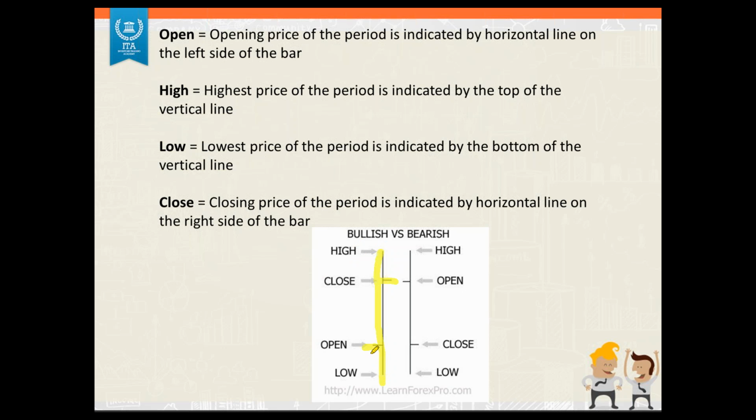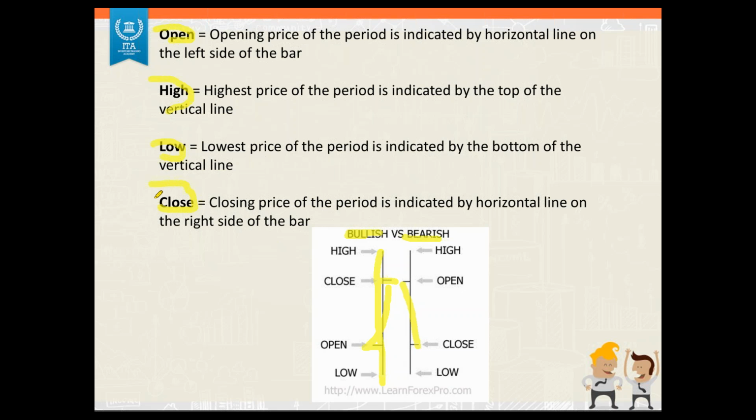Now, the other thing you get, and the easiest way to explain this, if you're stepping up the ladder, so you're stepping up from the open to the close, that's a bullish signal. If you're stepping down the ladder, that is a bearish signal. But it contains the open, the high, the low, and the close.